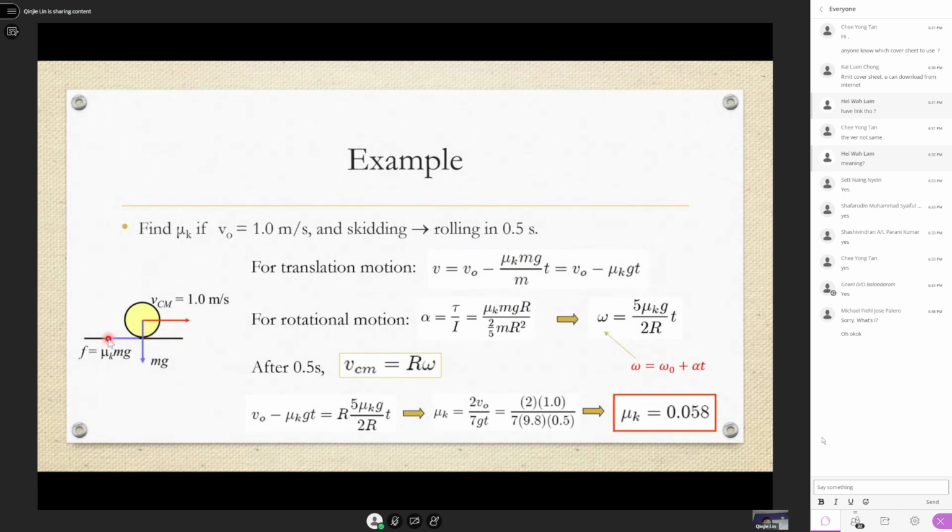It is this friction force that is setting up the rotation, increasing the rotational speed. That is the torque. So alpha equals F times R divided by your moment of inertia. Moment of inertia depends on the shape. In this case, it's 2/5 mr squared.